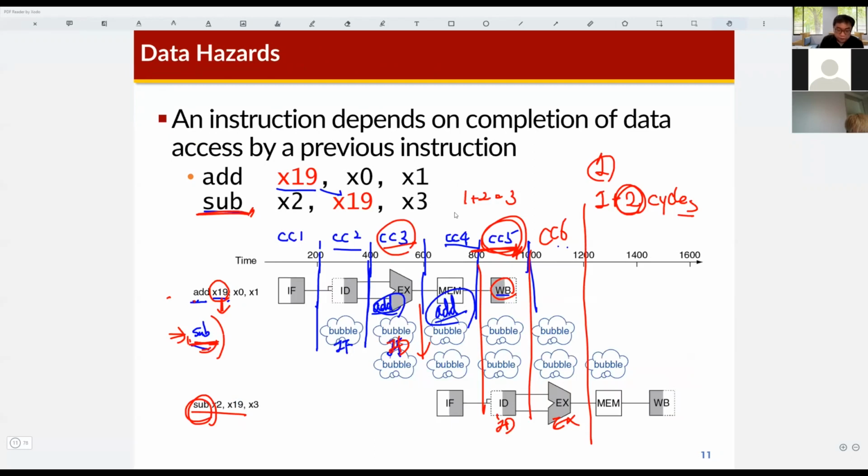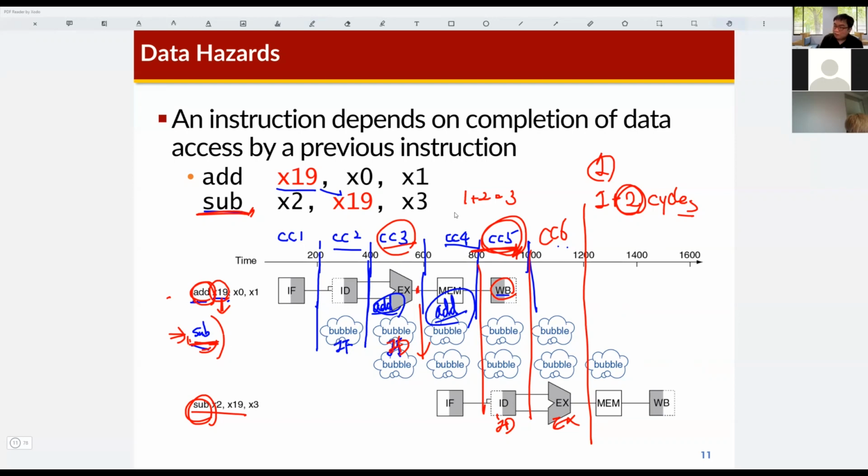But actually, the result of this add instruction is generated here, right?